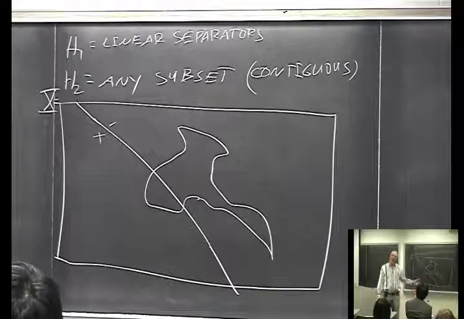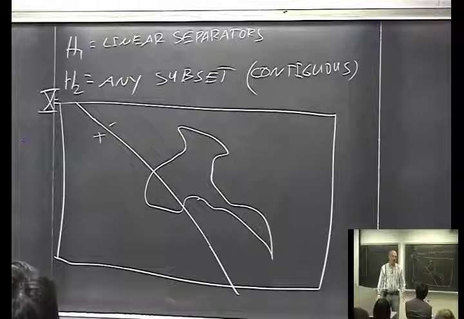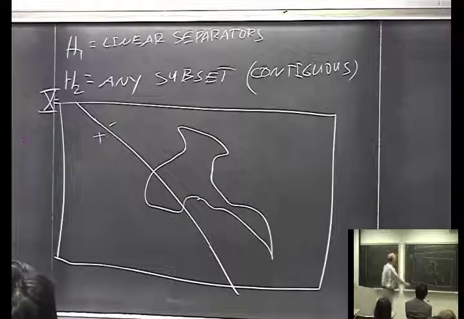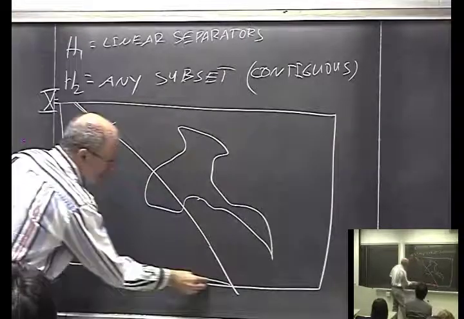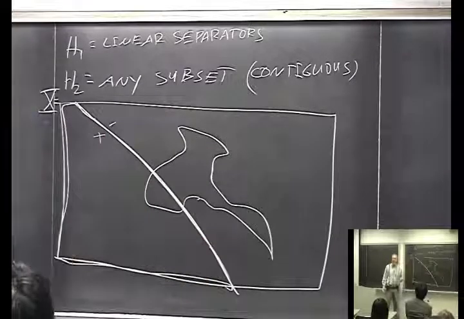But you could argue that H2 is more expressive, more discriminative, has more discrimination power than H1. It's easy to see because H1 is a subset of H2. Because if this is a member of H1, then this subset here is a member of H2.